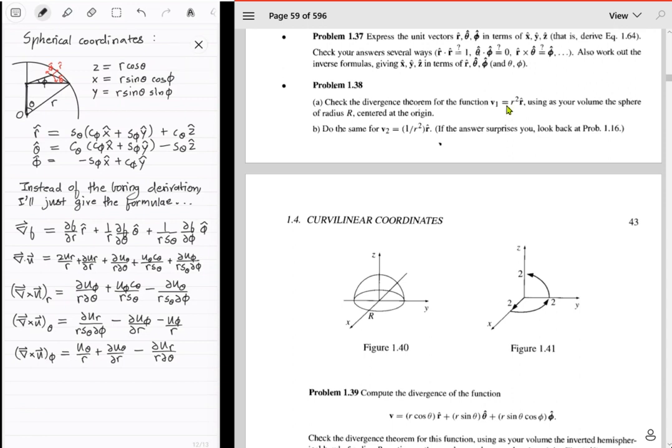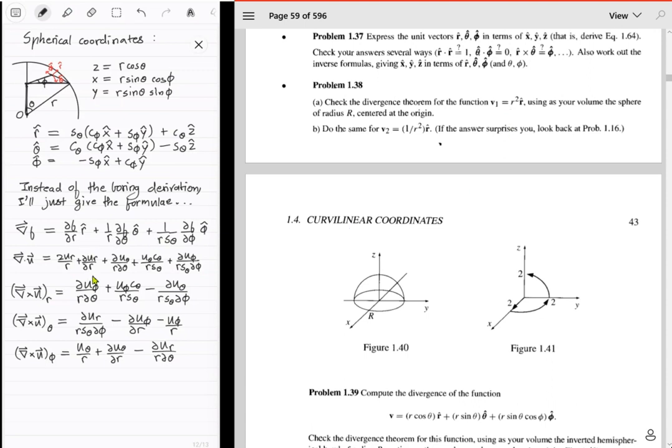There is no theta hat or phi hat component for our v, which means most of these terms are going to be zero. This is zero, this is zero, this is also zero, and these two terms survive. So 2u_r upon r, where u_r is just r squared, gives 2r.